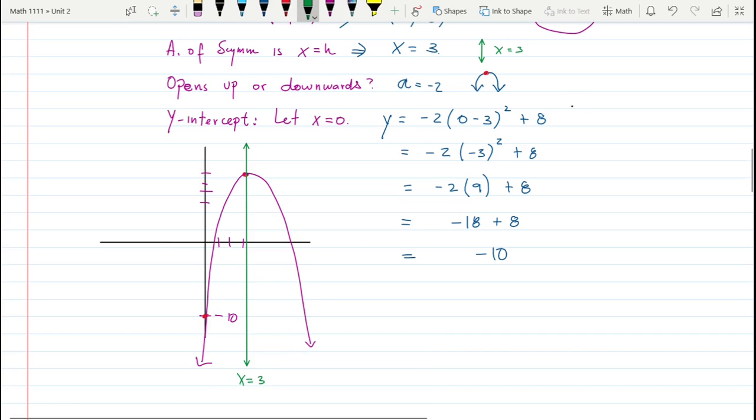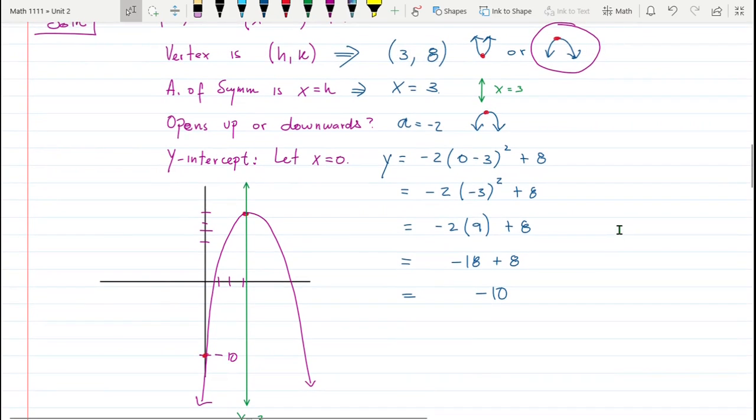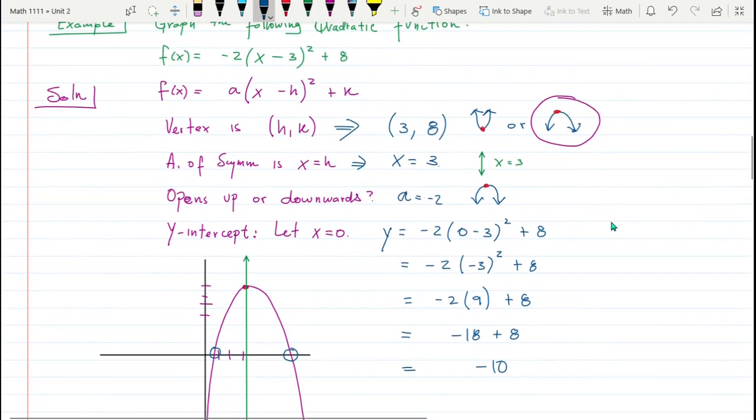So kind of accurate. One more thing that we could try to work on will be to find the places where it equals 0, where the whole output equals 0.